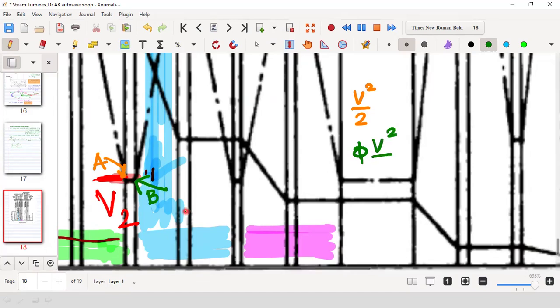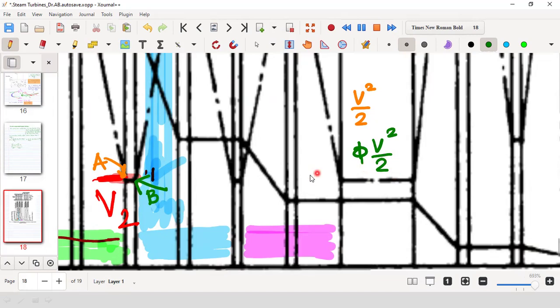Instead of v squared by 2, we write that the kinetic energy here will be phi into v squared by 2. That means a fraction of that v squared by 2 is available at point B instead of simply v squared by 2. So phi, as you can guess, is basically less than 1. Phi is less than 1.